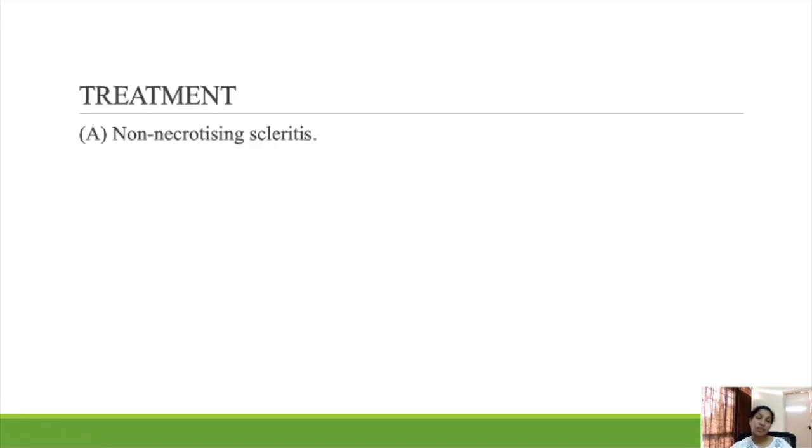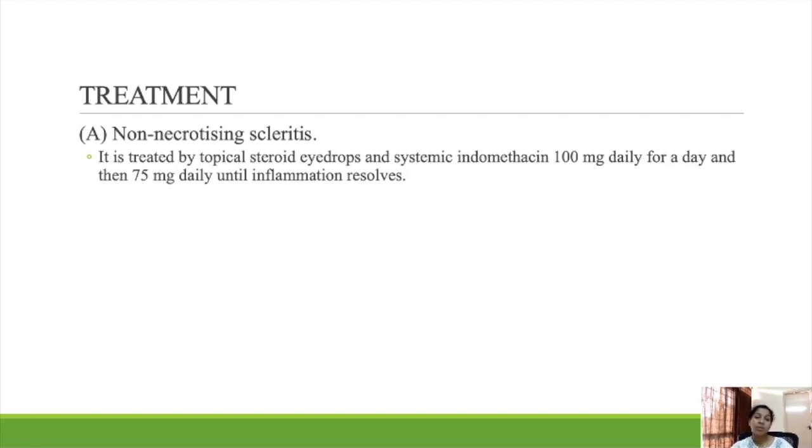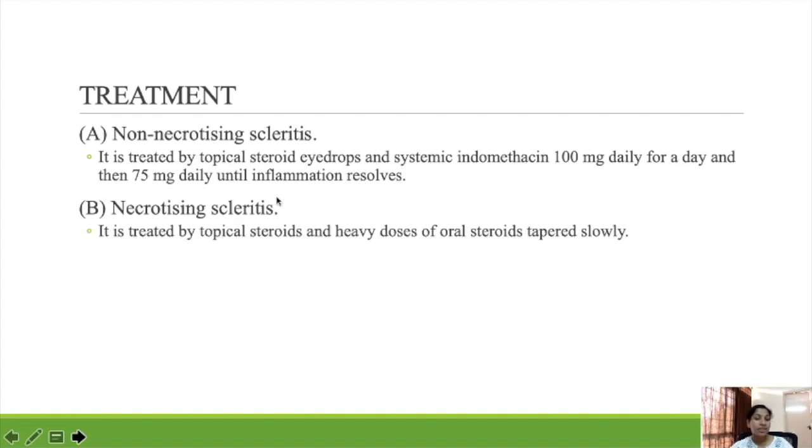Next comes the treatment. Treatment can be divided into non-necrotizing and necrotizing types. In the non-necrotizing type, it should be treated with topical steroid eye drops, and systemic anti-inflammatory drugs can be given. Necrotizing scleritis is also treated with topical steroids and a heavy dose of oral steroids, which is tapered slowly.